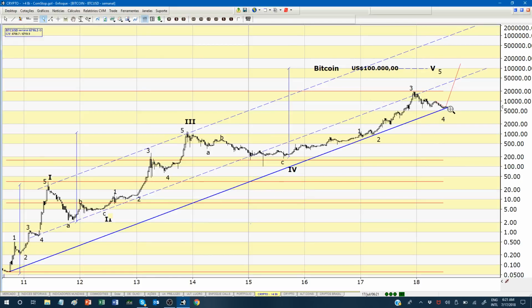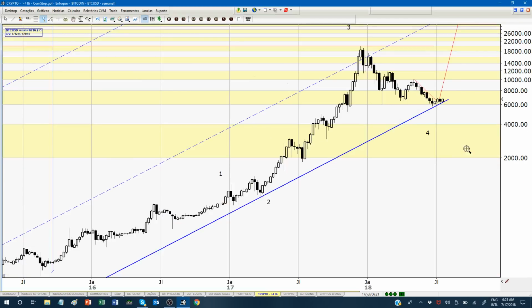But as we're producing a bottom here, I suppose, then we redraw this line, and now we have this beautiful upward channel that has even this middle guideline here. So I'm very confident now that that's what we're seeing in the Bitcoin space.